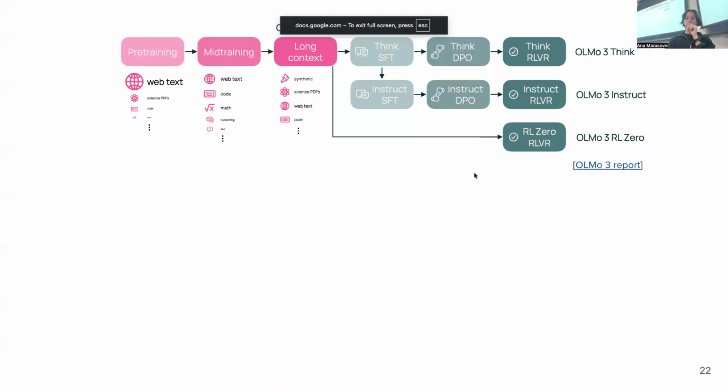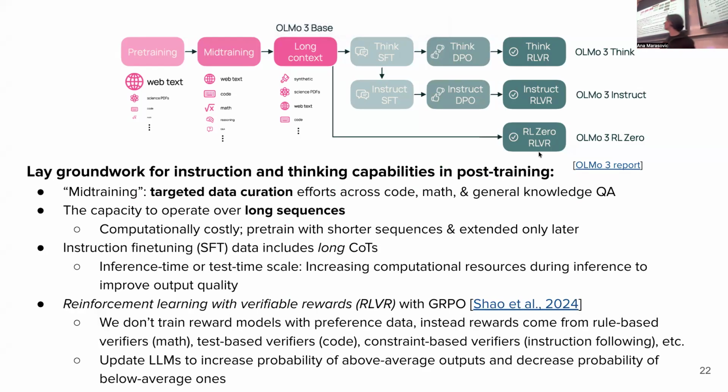Okay, so as I said, today we have these 3 stages, but we also have mid-training. Everything is now done such that we lay groundwork for instruction and thinking capabilities in these post-training stages. So we have mid-training where we have targeted data curation for code and math. We have long sequences, and then we have long chains of thought.